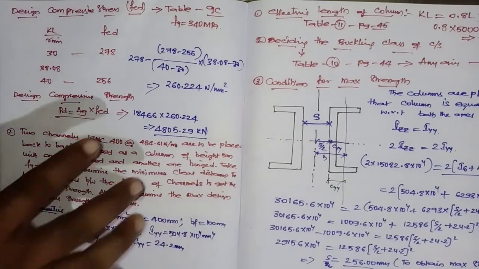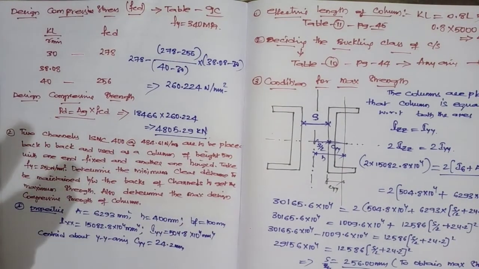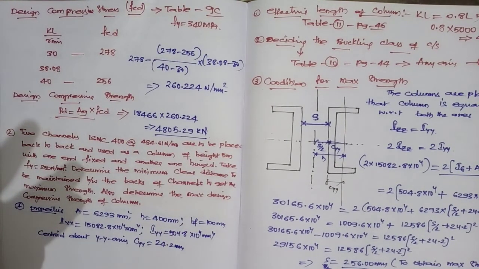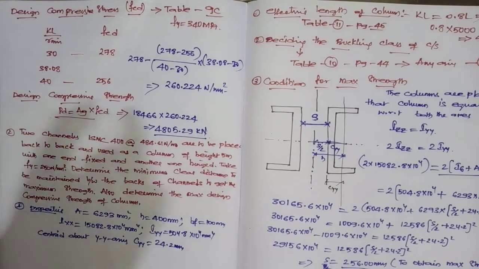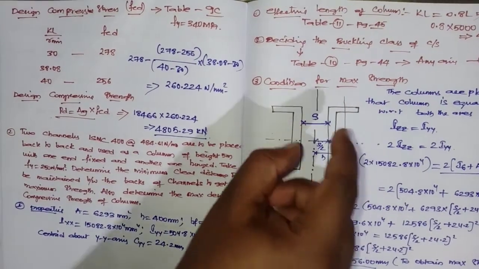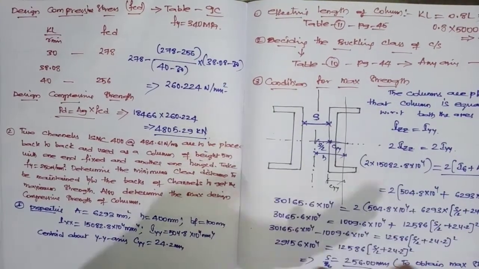In this question they have clearly mentioned two parts. One is, what is the distance to be maintained between the two channel sections such that it can obtain the maximum strength.